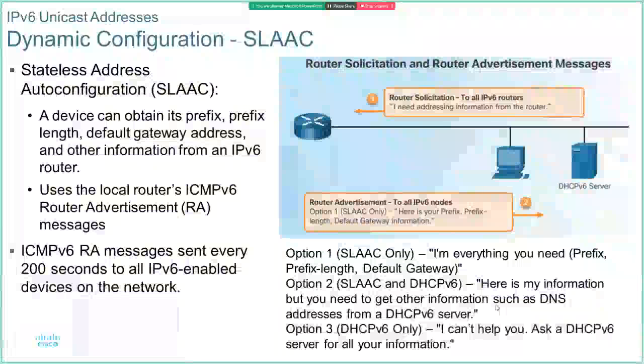So it attains the prefix length from the gateway address, and using SLAAC, it basically says, okay, I've got the prefix length and default gateway, and using SLAAC and DHCP, I can generate my own address out of that. And it keeps telling everybody which addresses are used in the network by using those advertisements. So every 200 seconds, these router advertisement messages are sent on that network.